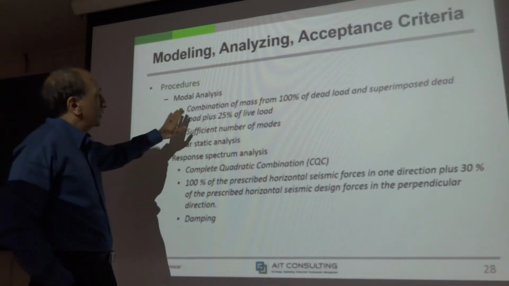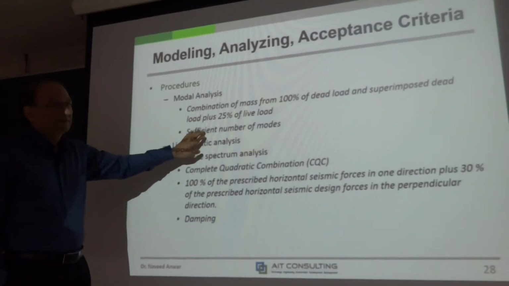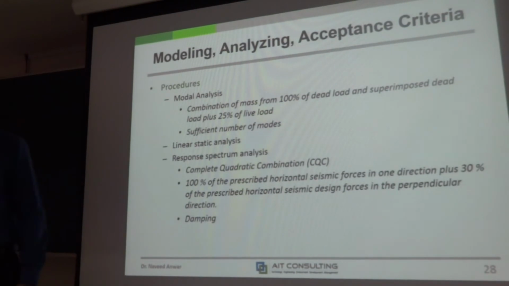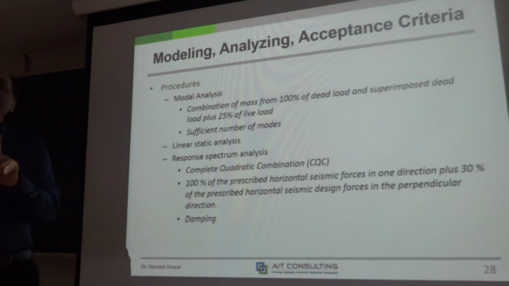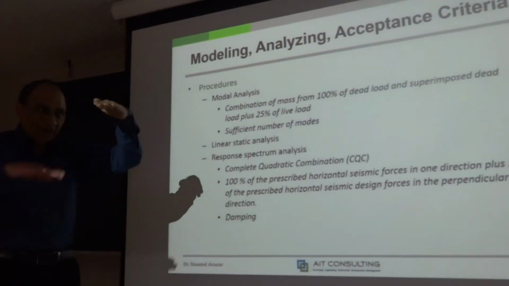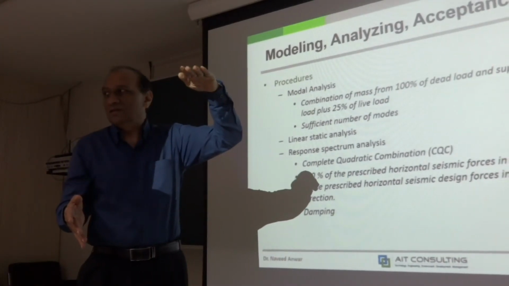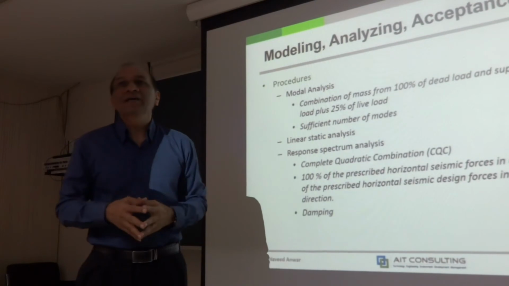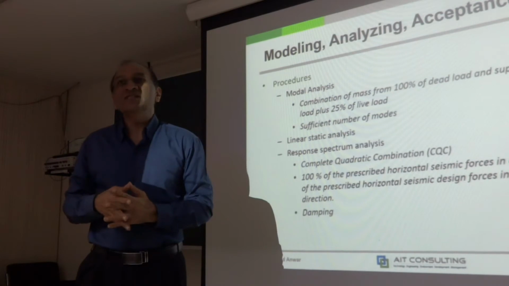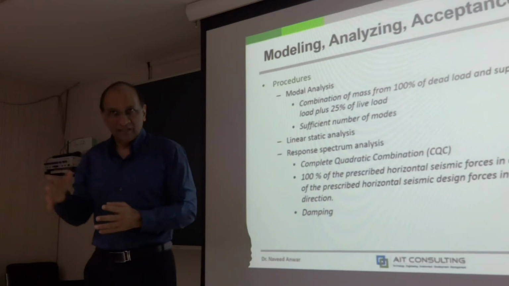And then we need to look at dead load and part of the live load to be included there. And then we look at sufficient modes to be included. How many modes are there in a tall building? 3 multiplied by the number of floors is the number of modes that you will need to consider. After that, we can eliminate some that are not related to us. But at least 3 multiplied by the number of floors is the starting number. Of course, by experience we can reduce that.